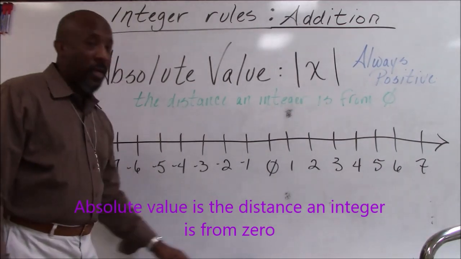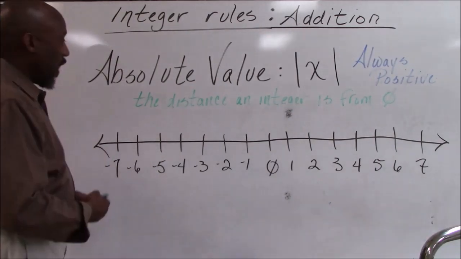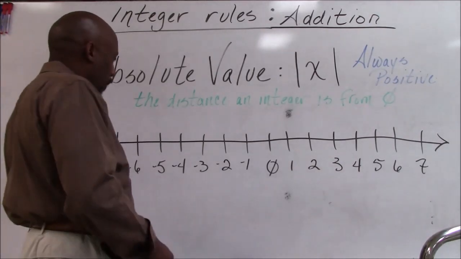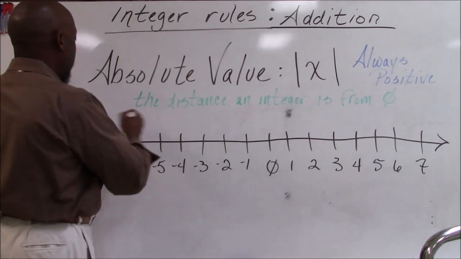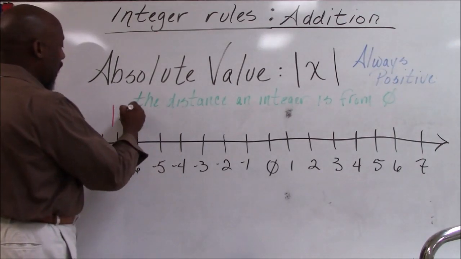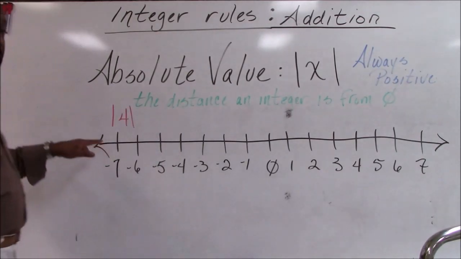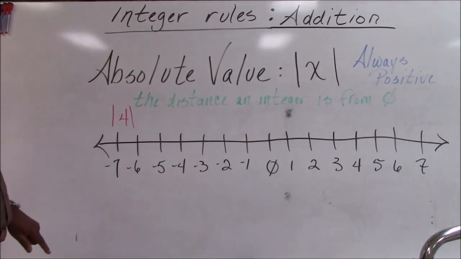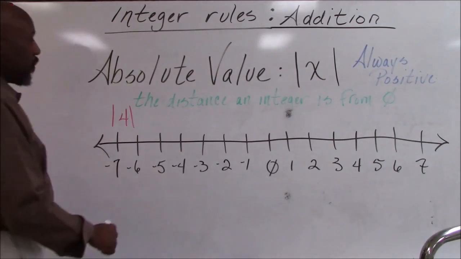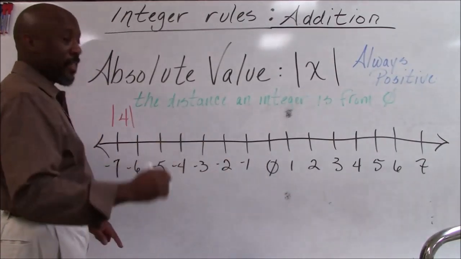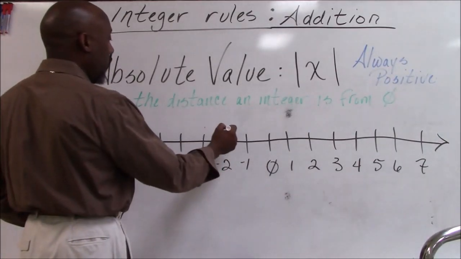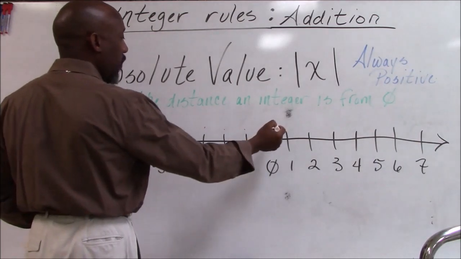So if we were to pick a random integer, and we say, well, what is the absolute value of 4? The way that would be written is, what is the absolute value of 4? Again, we have the two vertical lines indicated, and then we can use the number line, and it is always referenced to 0, and it is distance, so we can count 1, 2, 3, 4.